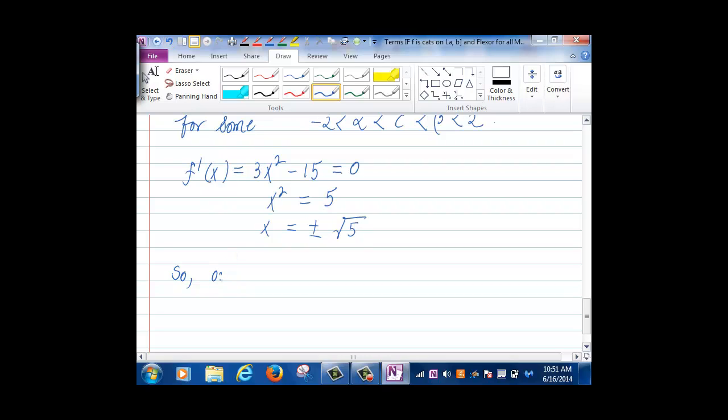So our assumption of having two roots led us to a contradiction.